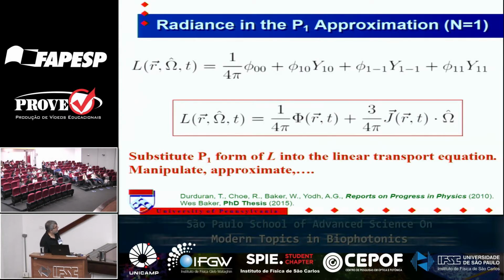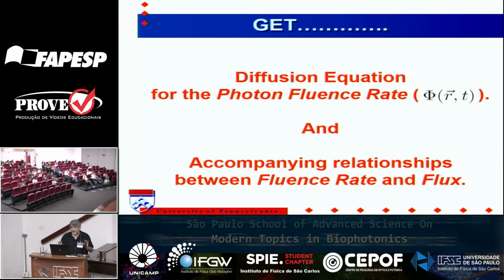Now I take this, stuff it into the linear transport equation, manipulate it, approximate it, and now we get to where I really want to get, which is the diffusion equation. The diffusion equation is an equation of motion, if you like, for the photon fluence rate. That's that phi, that isotropic contribution of the radiance. There also, you get some relationships that relate the fluence rate to the flux.